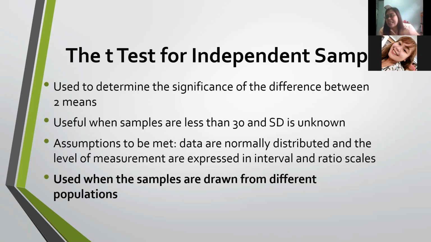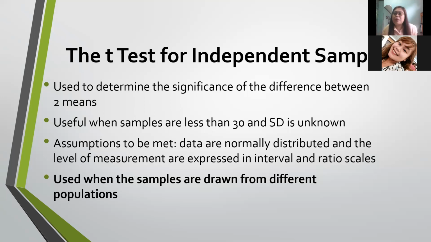And then another thing, since the t-test is a parametric test, our samples need to be normally distributed. And our dependent variable should be either interval or ratio scale. It cannot be nominal, it cannot be ordinal.